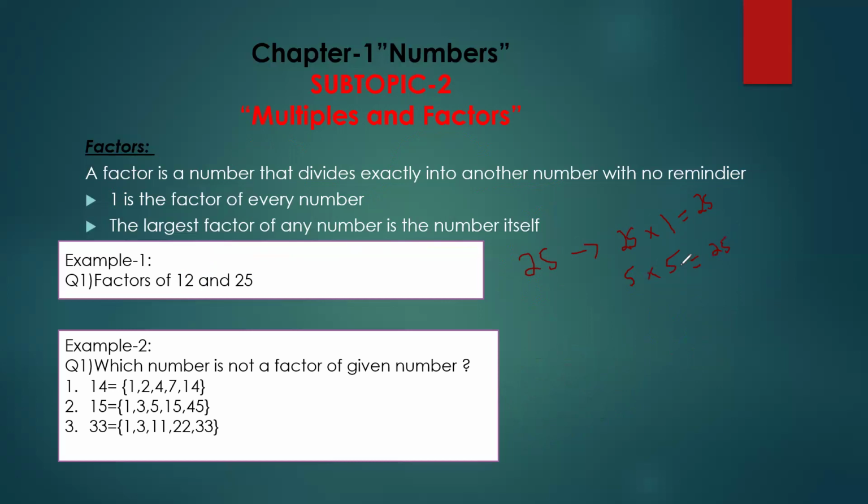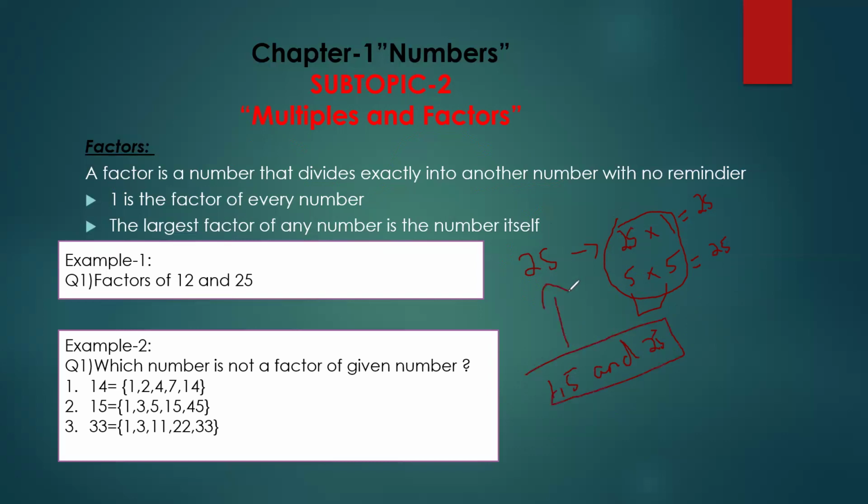We don't have another pair whose product is 25. In the tables, 25 does not come in 3, 4, 6, 7, 8. So these are known as the factors of 25. There is a 5 times 5 in this, so you don't need to write it again and again, just write 1, 5 and 25. So these three are the factors of 25.